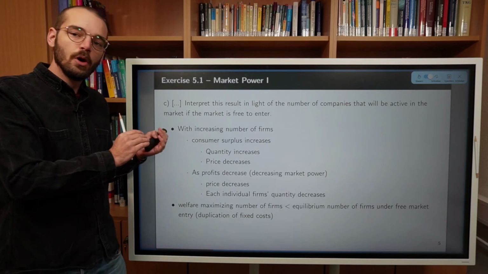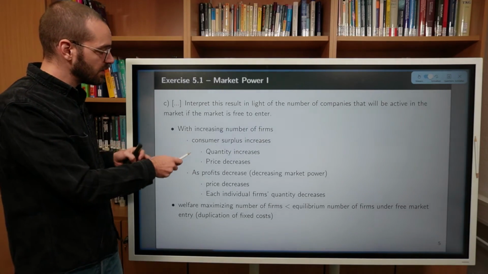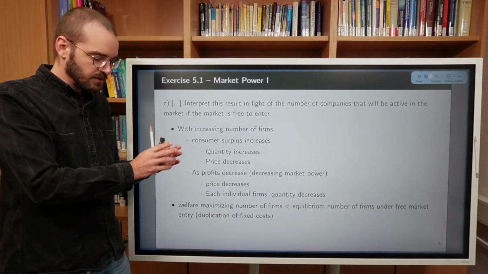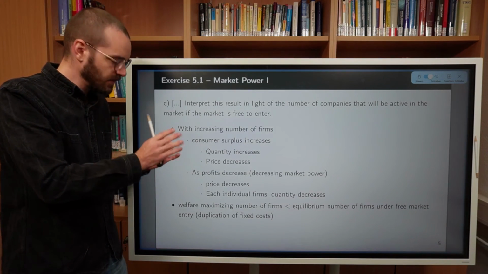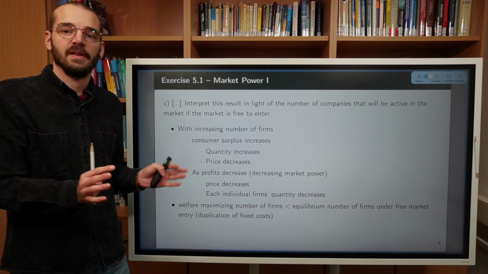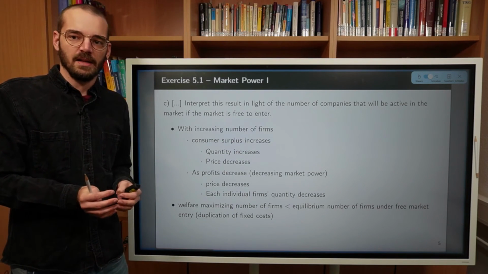So, we have these two opposing effects in this scenario, right? We see an increase in the consumer surplus, but then again, within the interval that we were looking at, the profits actually decrease in the number of firms.